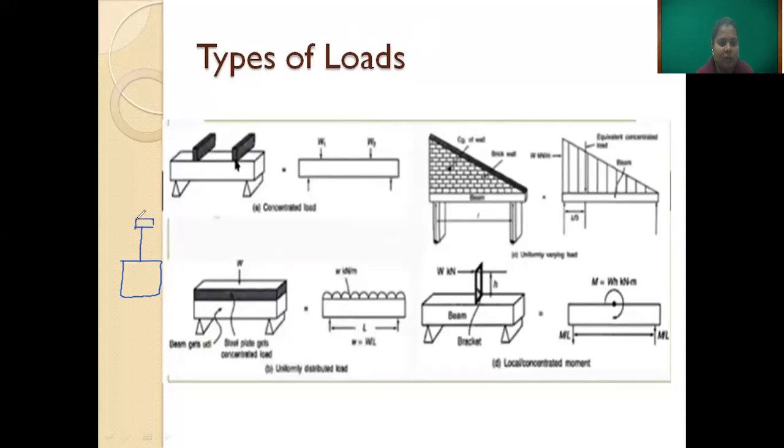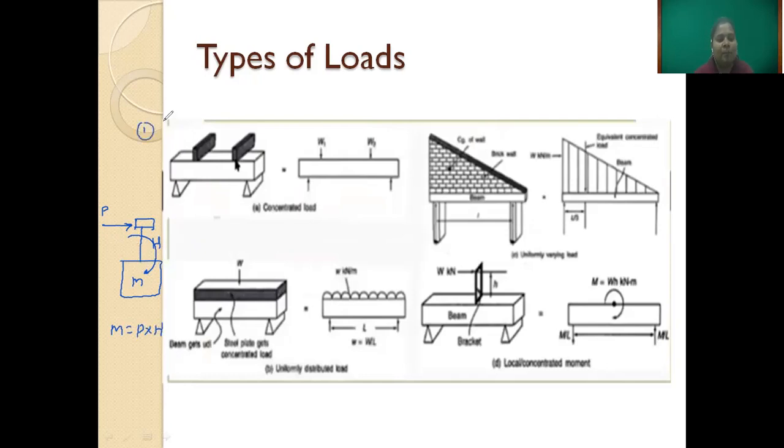On this structure, wind force will be applied, and this wind force is applied at a height. So force into this height will automatically create a moment. So moment is equal to force into height, that is, force into perpendicular distance. So this is called a moment.